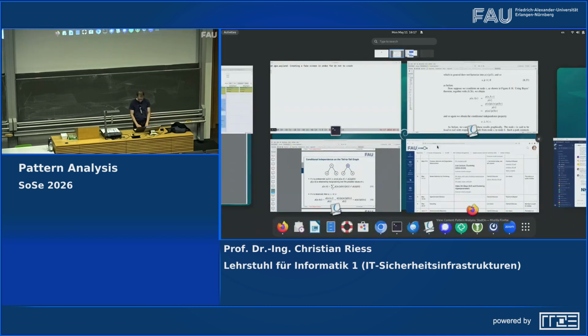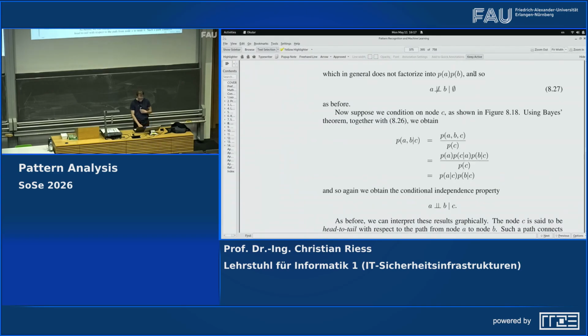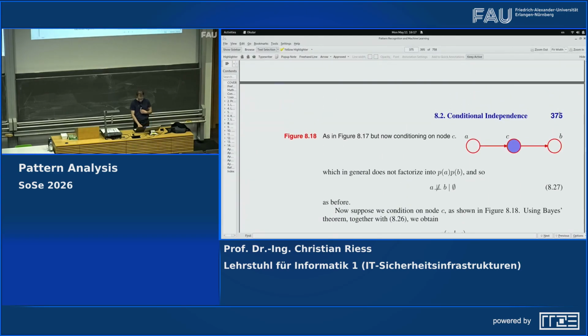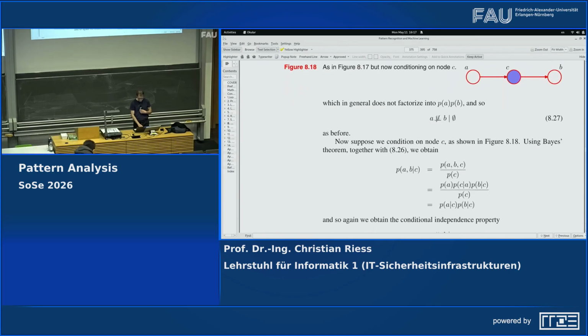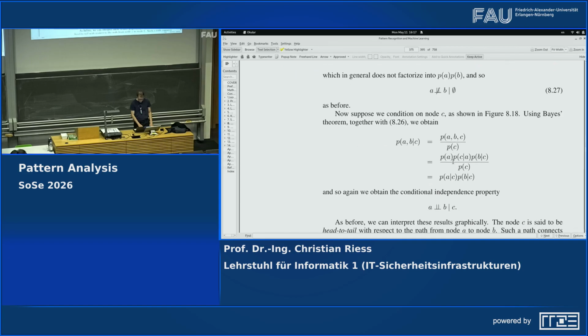If we look at the book by Bishop, essentially the same content, page 375, Bishop is explicitly making a difference here. If we look at A is conditionally independent of B given C, and A is not conditionally independent of B given none of the variables.